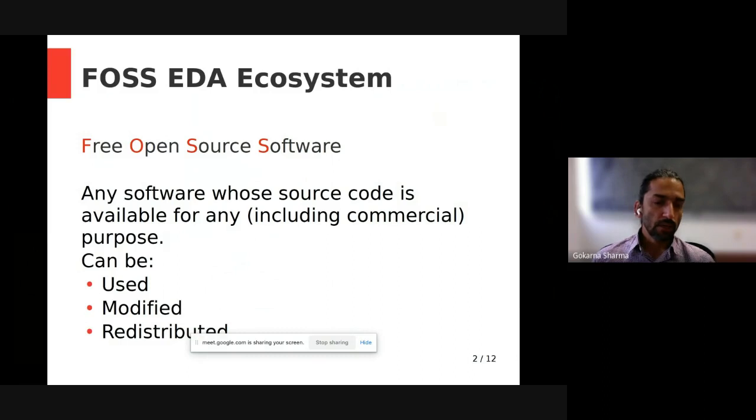Okay, so this is part of free open source software. We call it FOSS, and EDA is electronic design automation. The whole goal of free open software is that any software with source code is available for any purpose.